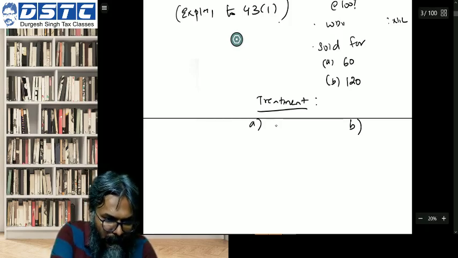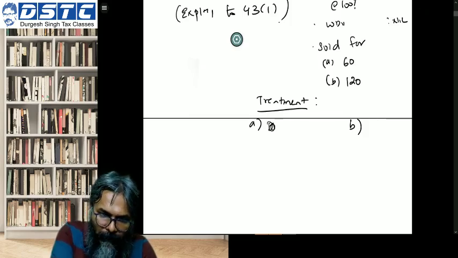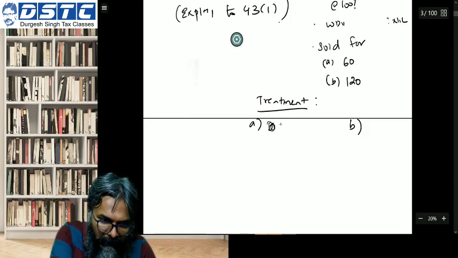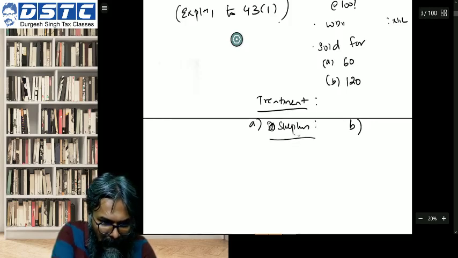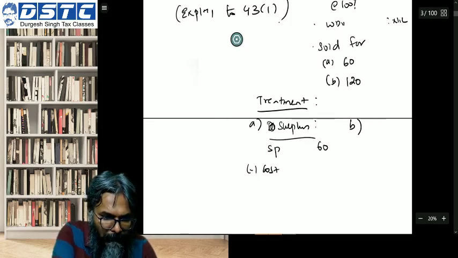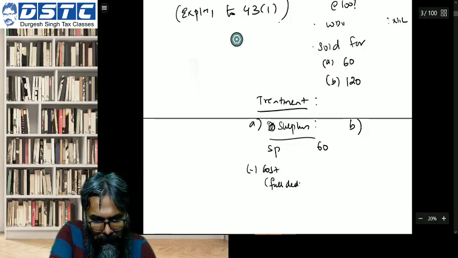So first case, students, you have taken a deduction, and we all know the deduction was 100. The surplus would be calculated as selling price 60 minus the cost. Because there is a full deduction, the cost will become nil.